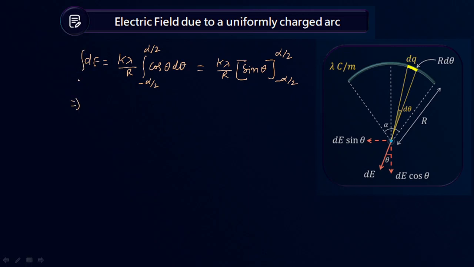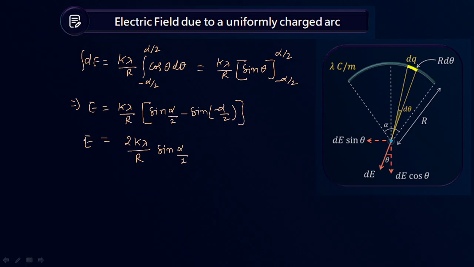So E equals k lambda by r times sine alpha by 2 minus sine of minus alpha by 2, and we know that sine minus theta is minus sine theta. So this becomes 2k lambda by r sine alpha by 2. So the net electric field is E equals 2k lambda by r sine alpha by 2. This is our final formula due to the arc.